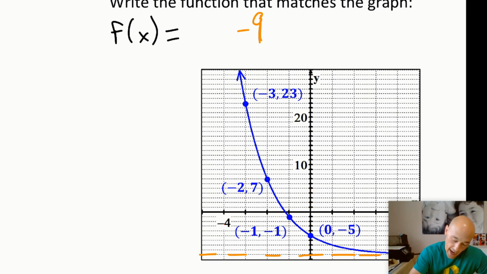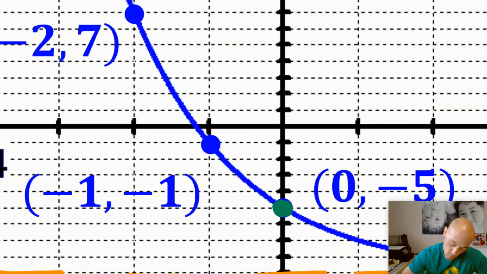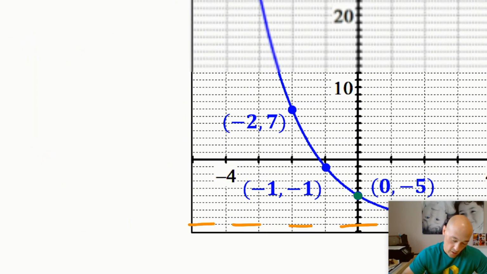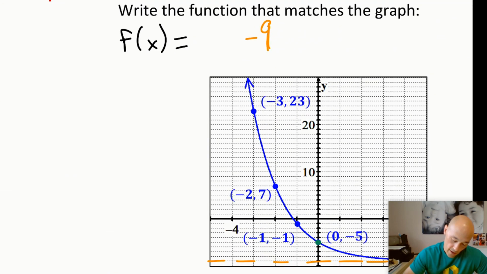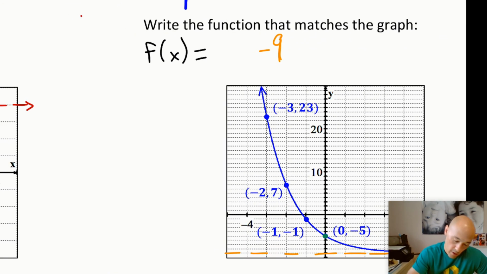So my a value then is going to be 4. Because we move up 9 units, 1, 2, 3, 4, 5, 6, 7, 8, 9, and so that is a y value of 4. So our a value then is 4.